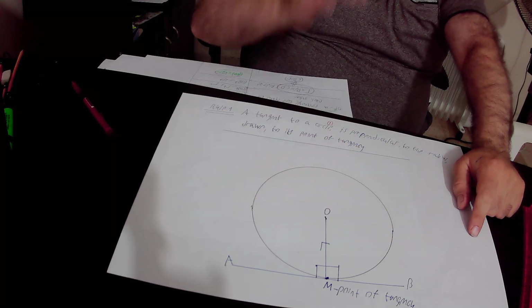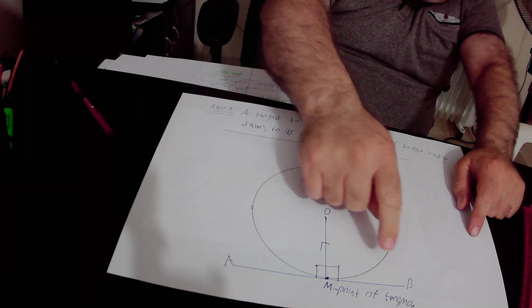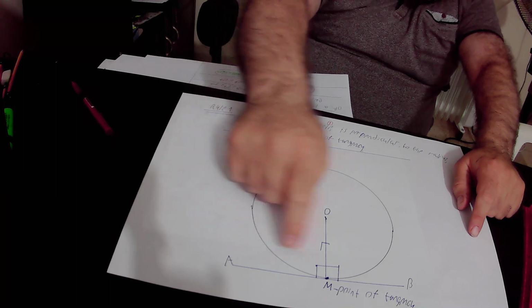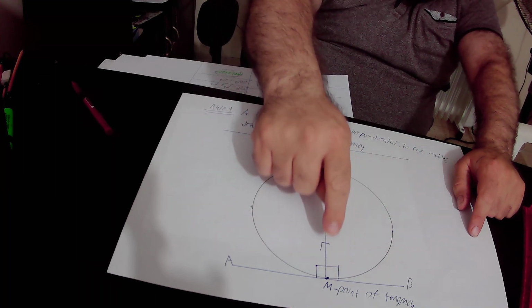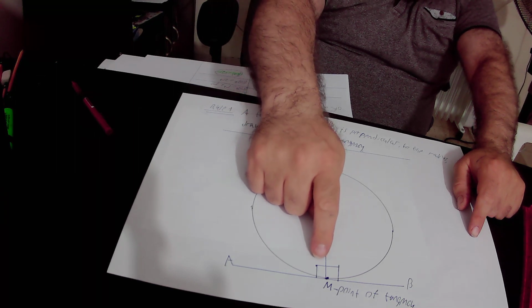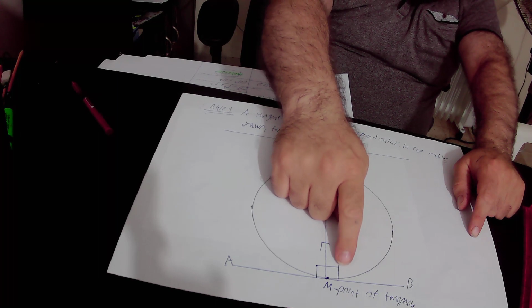Whenever you have a radius drawn to the point of tangency, the tangent will be perpendicular to that radius. That is to say, in this case, tangent AB will be perpendicular to the radius MO. It means that this angle equals 90 degrees, and this angle must also equal 90 degrees.